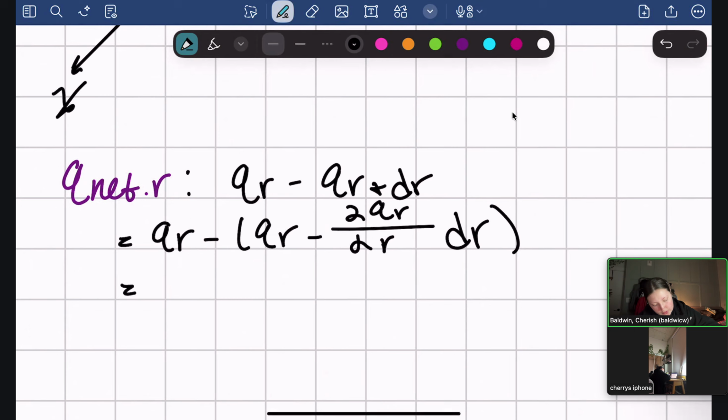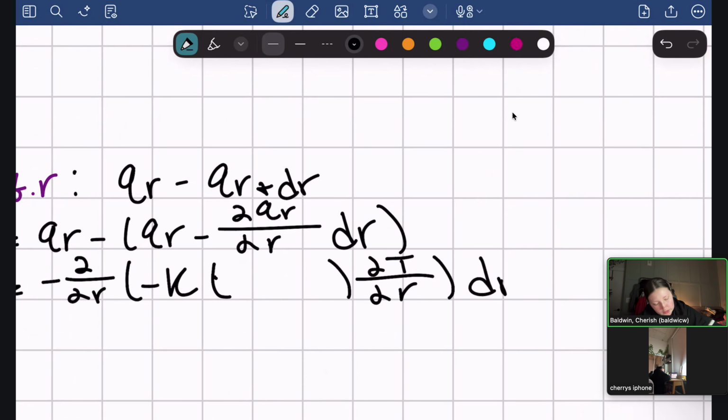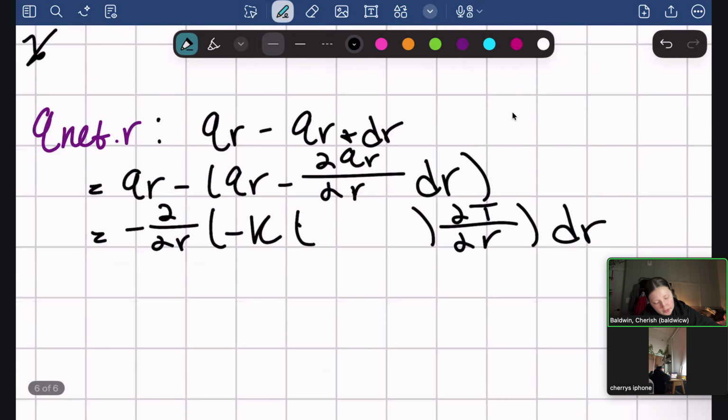And then this cancels out, so then you're gonna apply Fourier's law, which is the partial gradient of R negative K times the area times the gradient of temperature with respect to R dr, and the area for this is R sine theta d theta d phi.